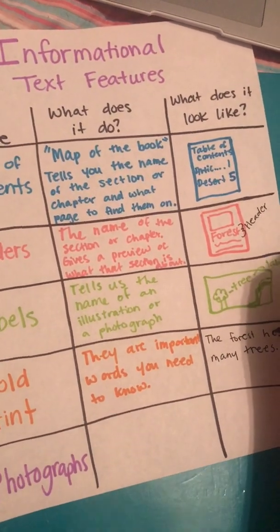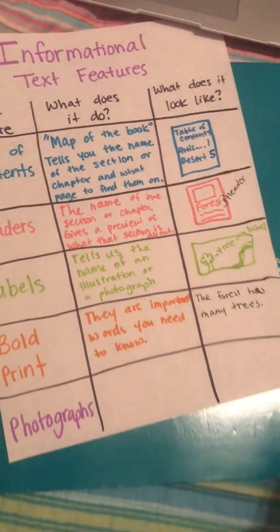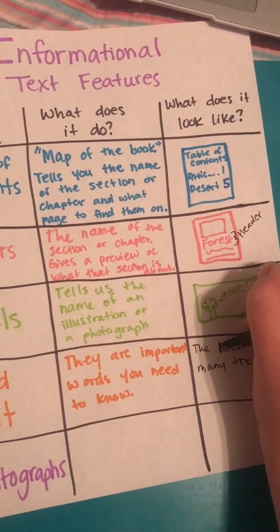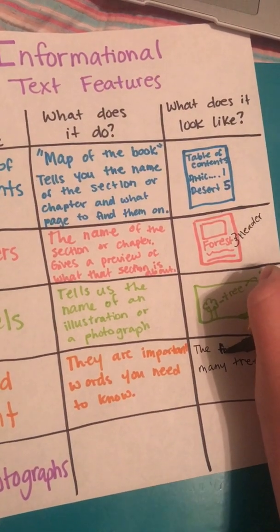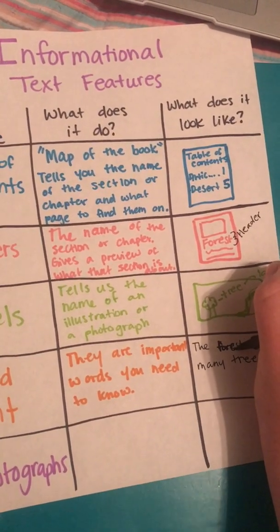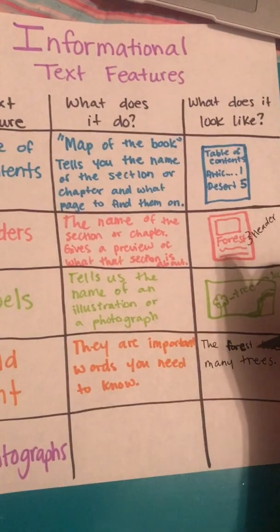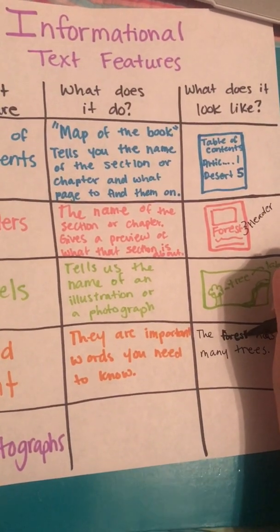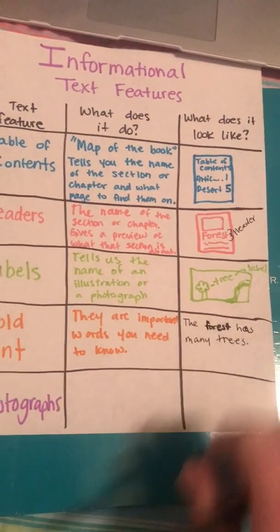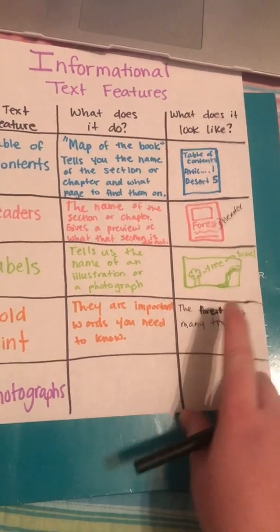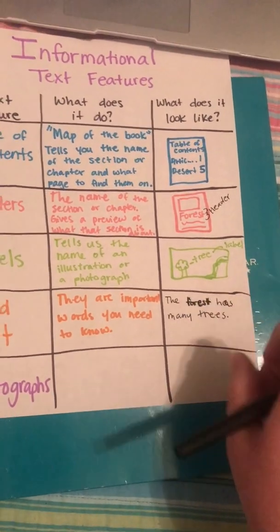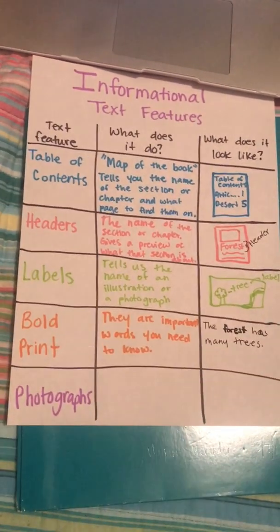Now, while this is true, the author might boldface the word forest. So it just looks like the writing is a little bit thicker than everything else. So you see how it sticks out more. So the forest, you're like, okay, forest. Forest is a good word for me to know because it is boldfaced. It is in bold print.